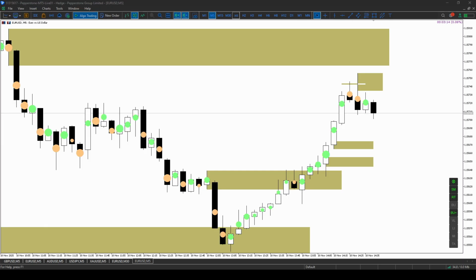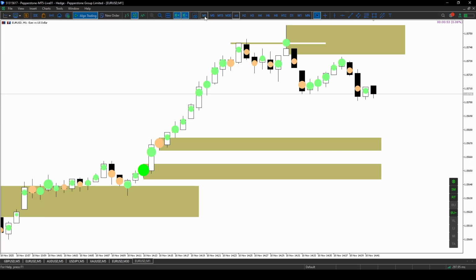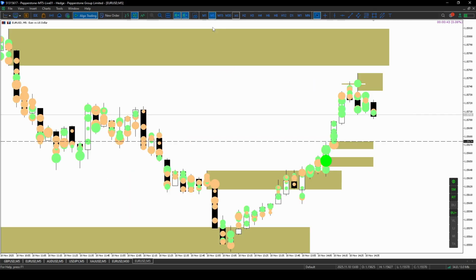Let's go. There's a bullish candle, but we can clearly see there are small trades, right? Where I marked that, let me mark this area. So now go to the 5-minute.